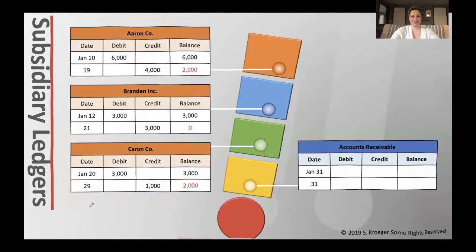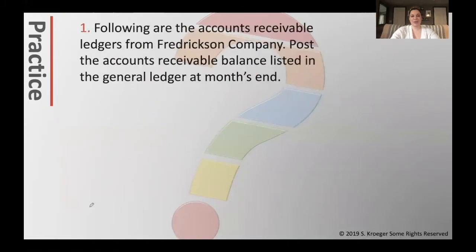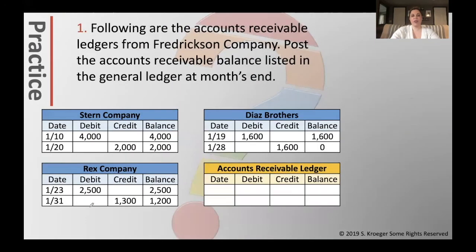Next, we have the classwork number 1 problem. Since you have to turn this in, make sure you have it out, and then we're doing this together. Following are the accounts receivable ledgers from Frederickson Company. Post the accounts receivable balance listed in the general ledger at month's end. So like I said here, all we have to do is update the main accounts receivable ledger account.